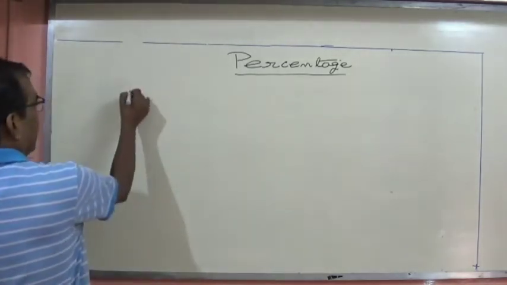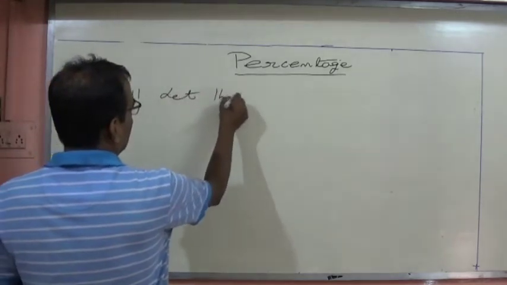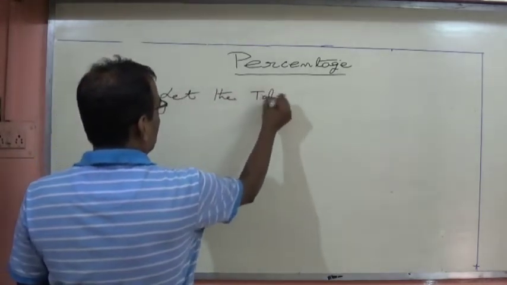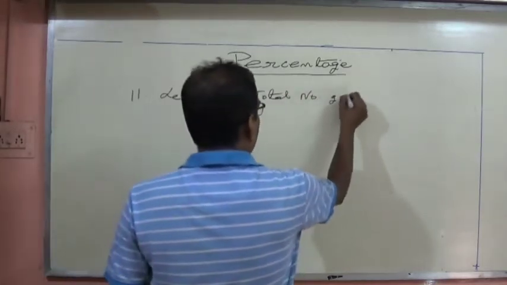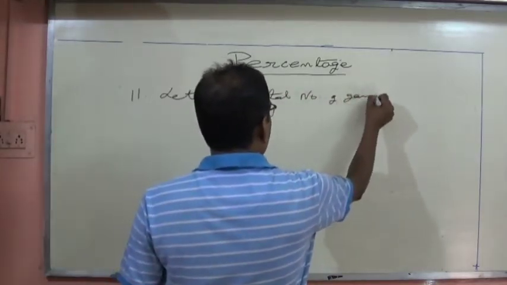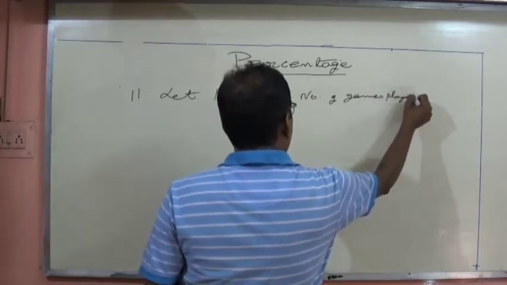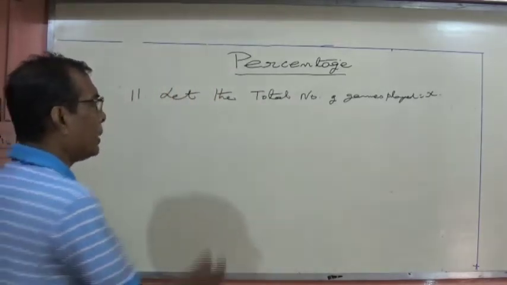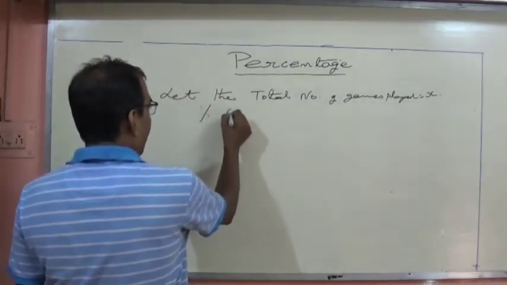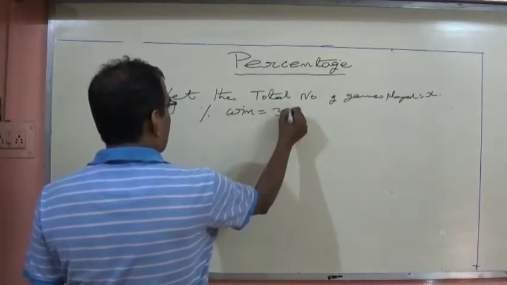Question number 11. Let the total number of games played be equal to x. Percentage win is equal to 35%.